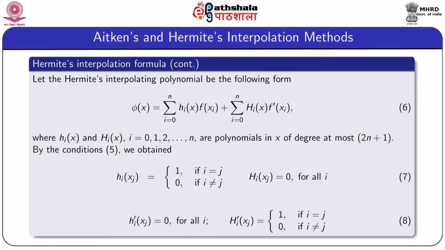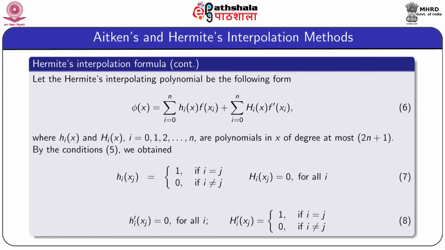Now, let the Hermite interpolating polynomial be of the following form: phi x equal to summation i equal to 0 to n of h i x times f of x i, plus summation i equal to 0 to n of capital H i x times the first derivative of f at x i. So, small h i x and capital H i x for all i equal to 0 to n are polynomials in x of degree at most 2n plus 1.